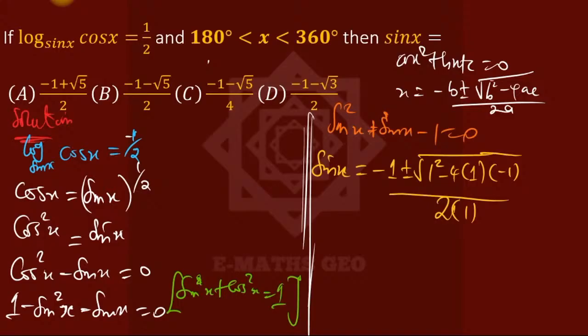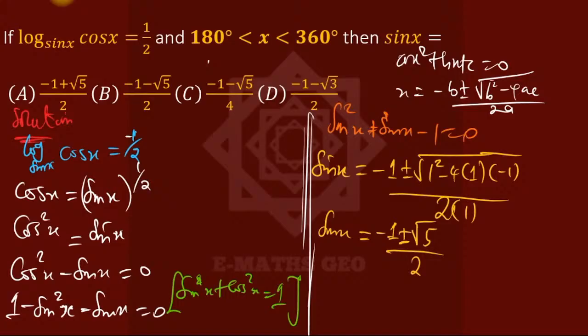So I have sine x equals minus 1 plus or minus the square root of 5, this is 4, 4 plus 1 is 5, over 2.